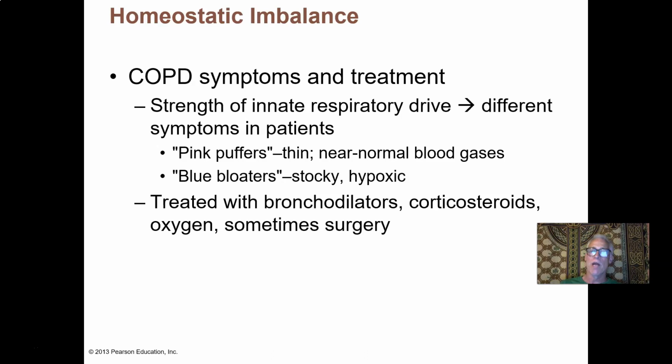It acts like epinephrine. It goes to the beta-2 receptors on the smooth muscle cells in the bronchioles and in the bronchi and causes them to relax. We have bronchodilation. If it's a more severe situation like COPD, we're probably going to use a corticosteroid to knock down that inflammation and help open up the airways and suppress that mucus production and let us get a little bit more air through there.